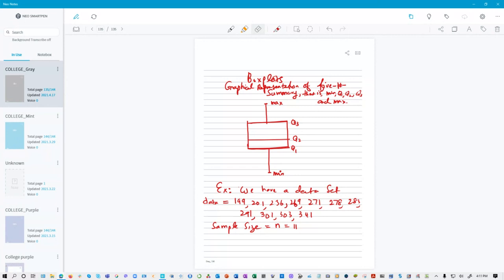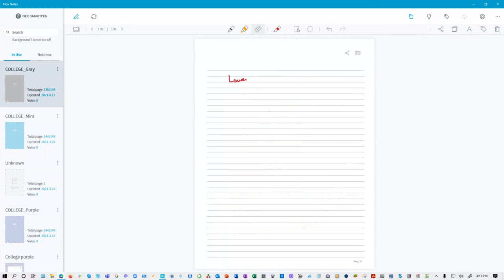If you need the lower quartile, which is nothing but Q1, quartile 1 is given by 1/4 of the (11 plus 1) term. 11 is your n, so it's 1/4 of the (n plus 1) term.